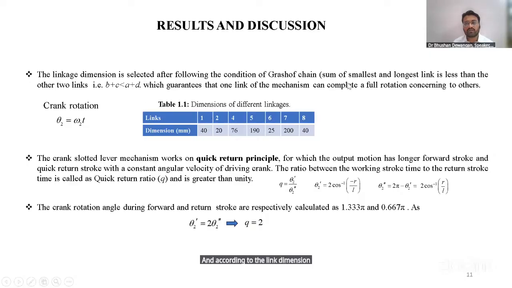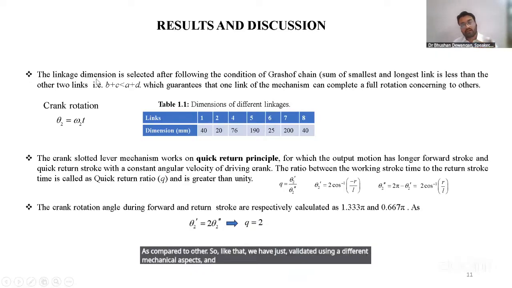Here you also have to see the Grashof chain condition, whether one of the links of the mechanism can complete a full rotation as compared to the others. So we targeted different mechanical aspects.